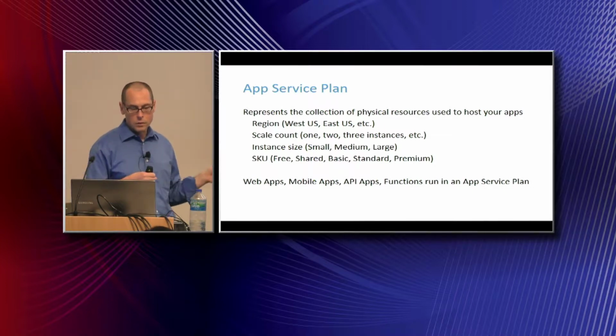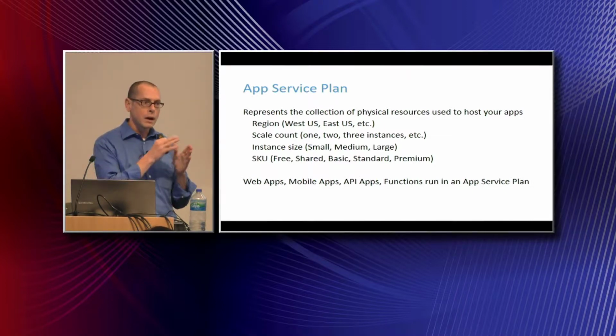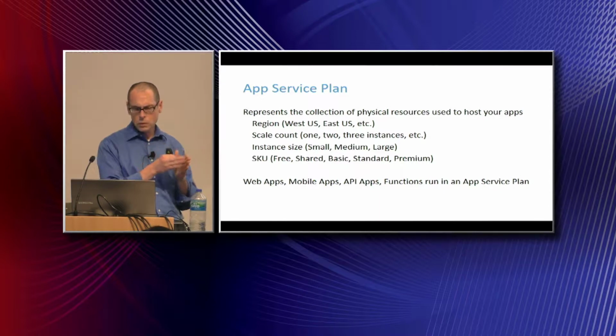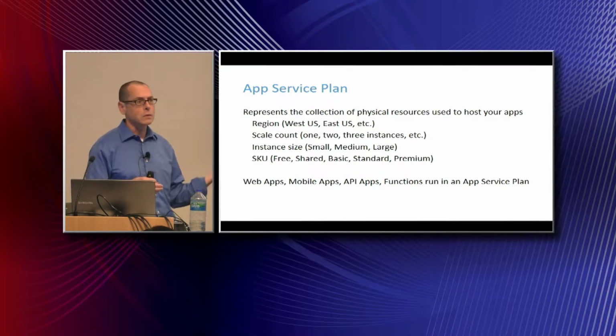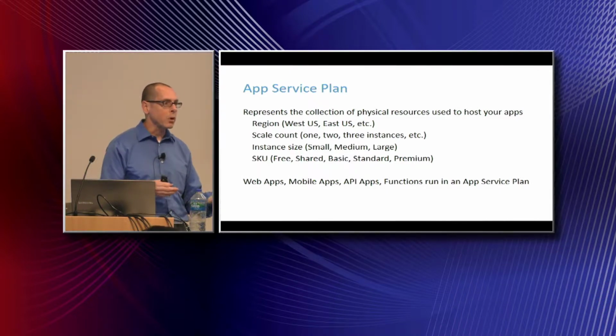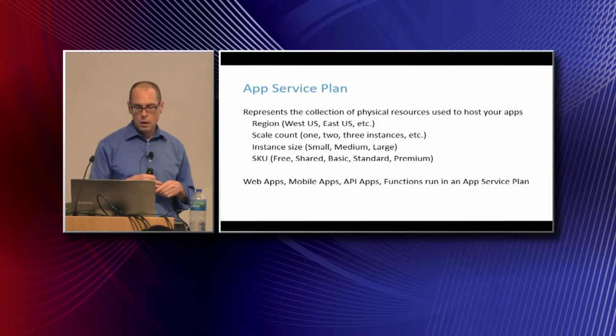So you get the free, shared, basic, standard, and then between basic, standard, and premium, you get different levels, different core amounts, different RAM amounts, that sort of thing. That's your App Service Plan, because that's what needs to exist before you can even put a web app on it or a mobile app or anything.